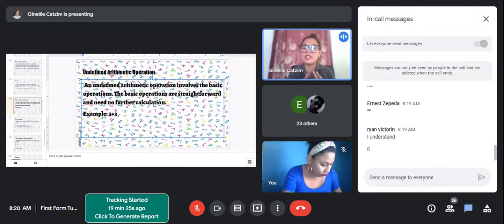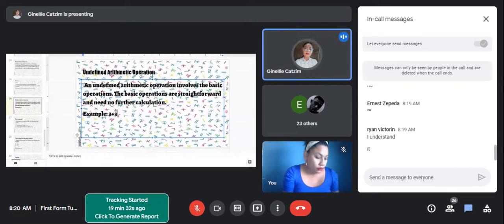It is basically the 4 operations. Because it is straightforward. It is telling you to add, it is telling you to subtract, it does not need anything else than that operation. So that is for undefined. Remember, the defined is a combination of operations. In this one, it is just the basic operation itself.